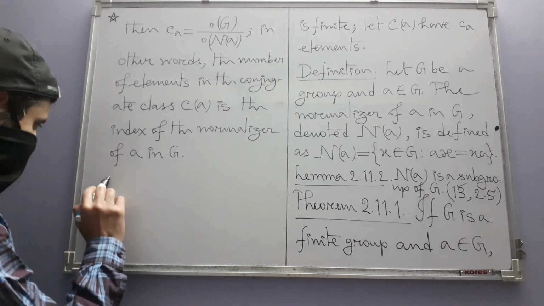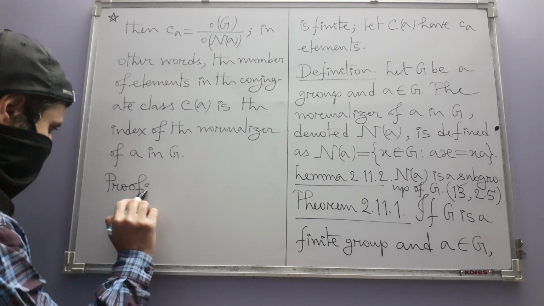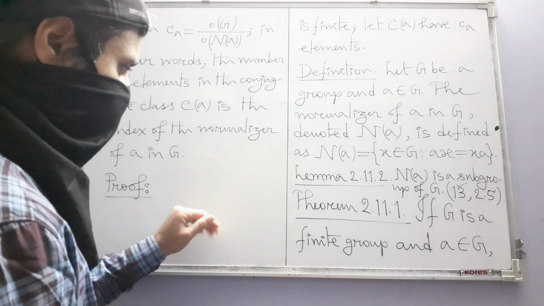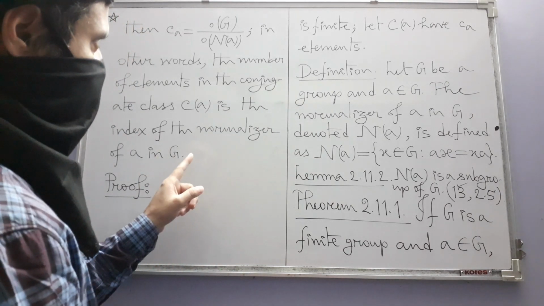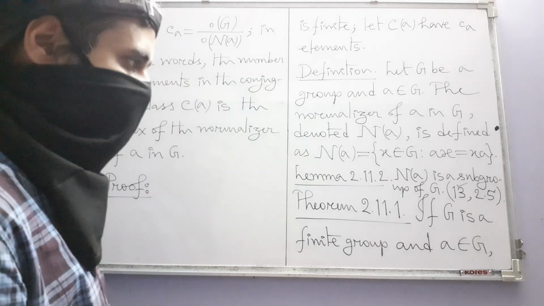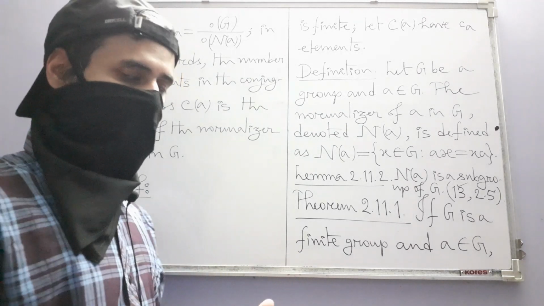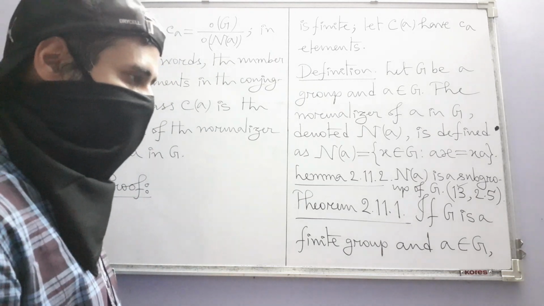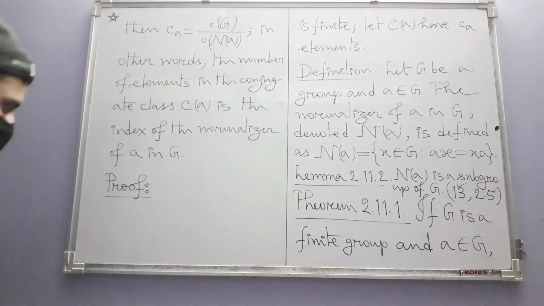So let's see the proof. The idea of the proof is that two elements in G that come from the same right coset of the normalizer give us the same conjugate of A, and also conversely. This may sound very confusing. Let's see what I mean by that.